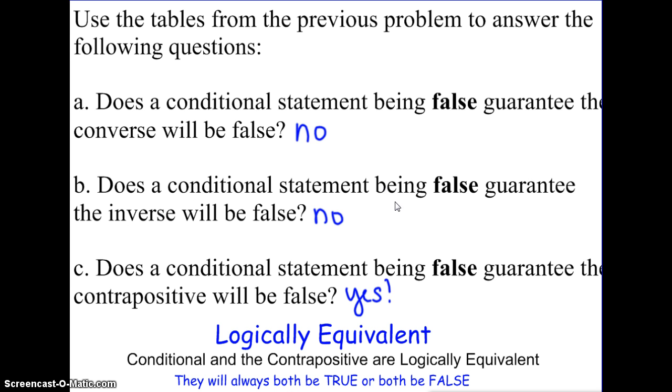Notice that in both cases, the conditional statement and the contrapositive were both either true or false. And we call that logically equivalent. Okay, the conditional and the contrapositive are going to be logically equivalent all the time. If one is true, the other is true. If one is false, the other is false. Whatever they are, they must both be the same thing.